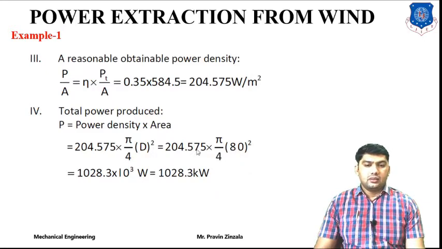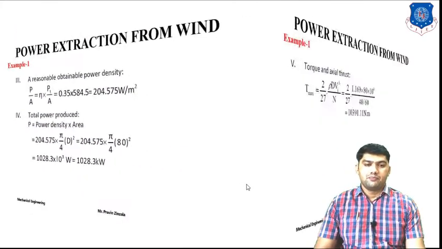So by inserting the value pi by 4 d square, d is equal to 80, so 80 square, the final power produced will be 1028.3 kilowatt. So this is the total power produced for an 80 meter diameter wind turbine.